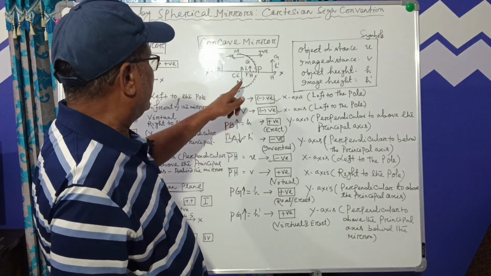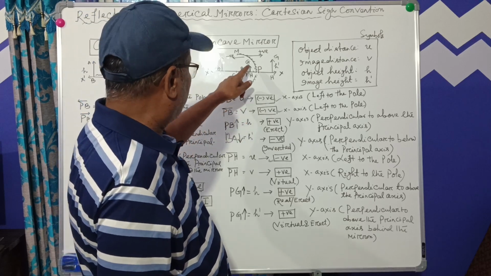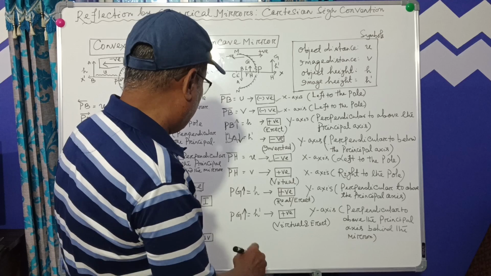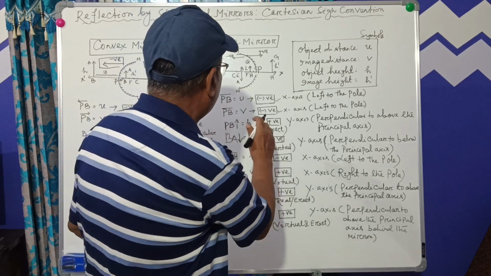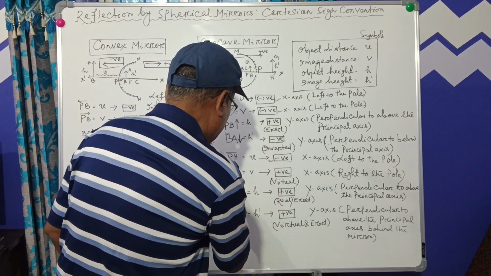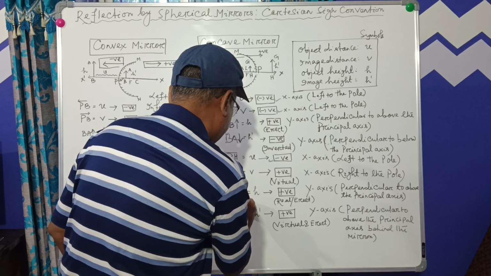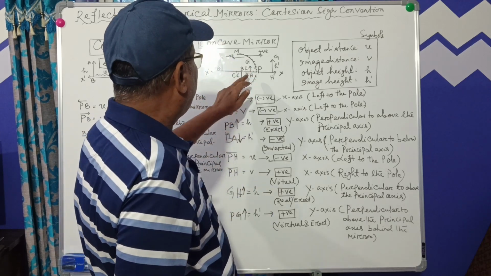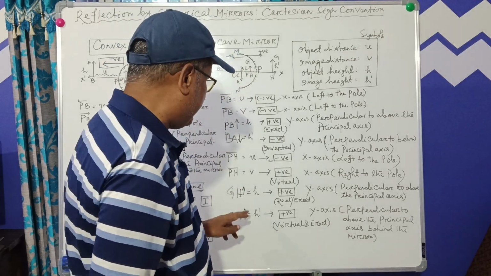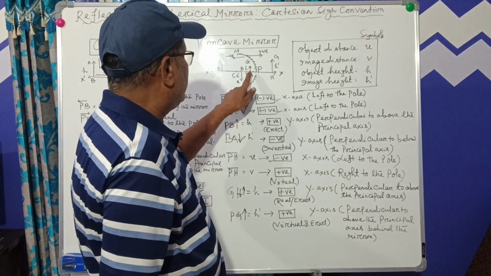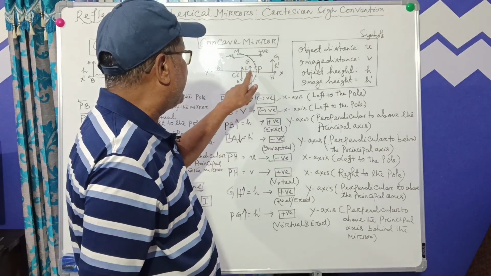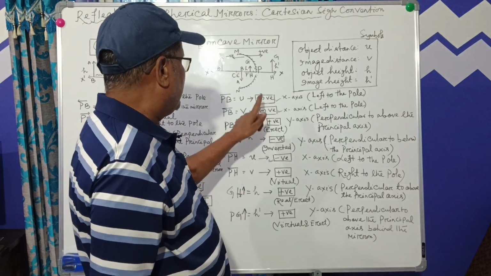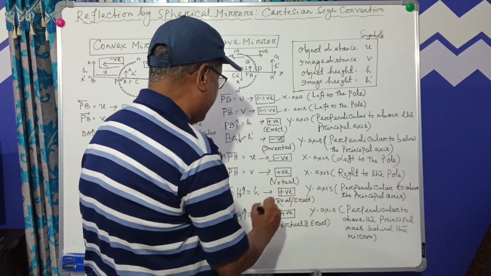Okay. Now you see, the object height that we have mentioned, GH, is the object height, that's h. You see that it is upward from the principal axis, that is the y ordinate, so that is positive. That is real and direct.